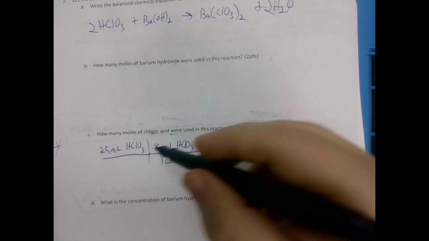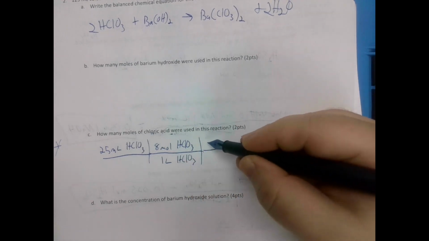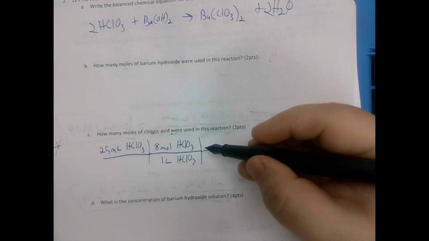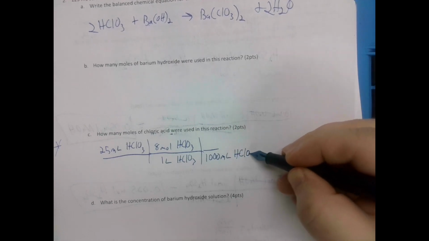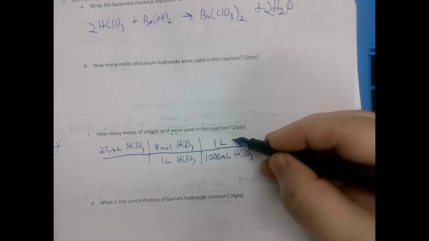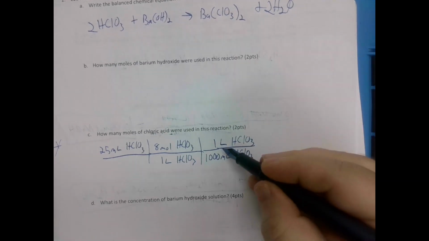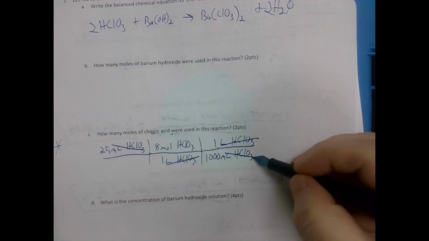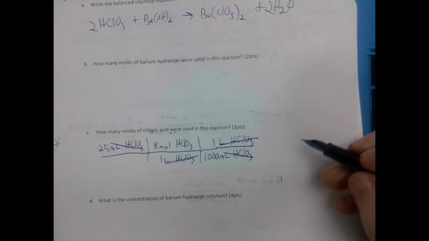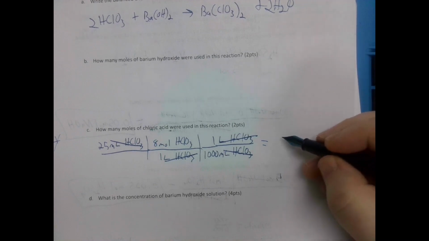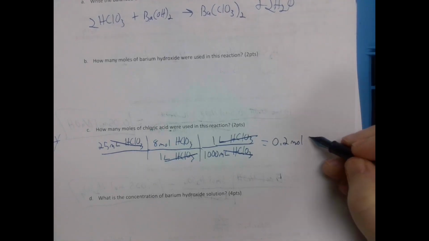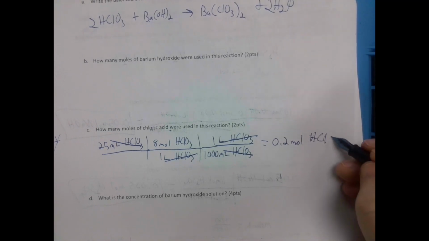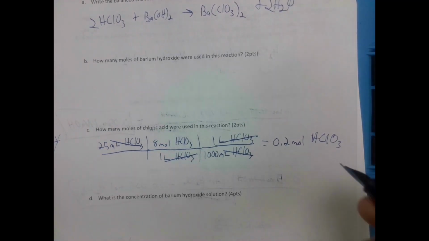And I need to get rid of milliliters and liters, so I know that 1,000 milliliters of chloric acid is equal to 1 liter of chloric acid. Liters of chloric acid cancel out. Milliliters cancel out with milliliters right here, giving us just moles, is what we're looking for. So plugging that in the calculator, you get 0.2 mole of chloric acid.